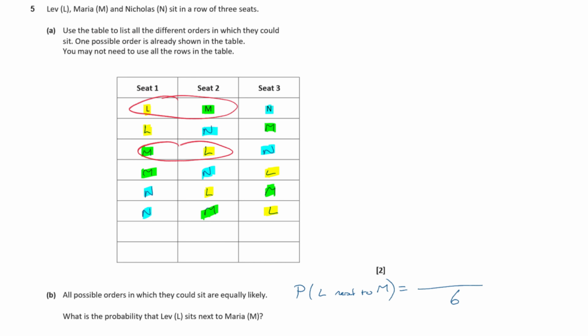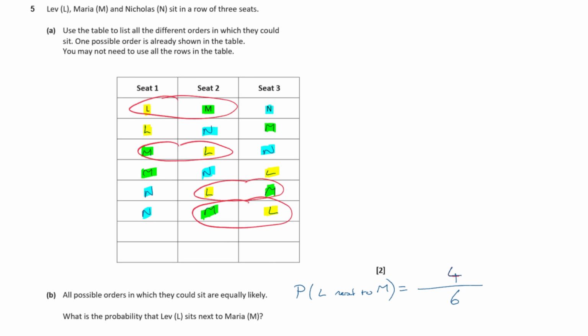And then Nicholas sneaked into the middle again there in the third one and the fourth one, and then I've got them together over here, and they're together over here. Okay, so they're actually sitting together in 4 out of those 6 arrangements. It's only when Nicholas sneaked between them in the second and the fourth one that they were parted momentarily. So anyway, it's going to be 4 out of 6.